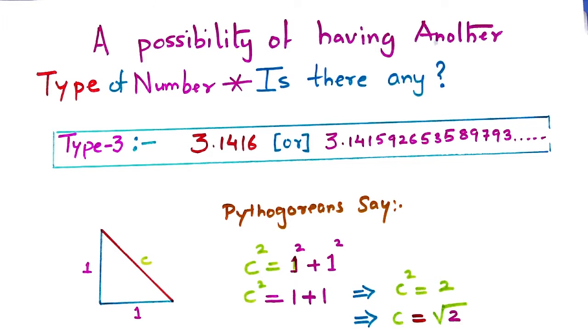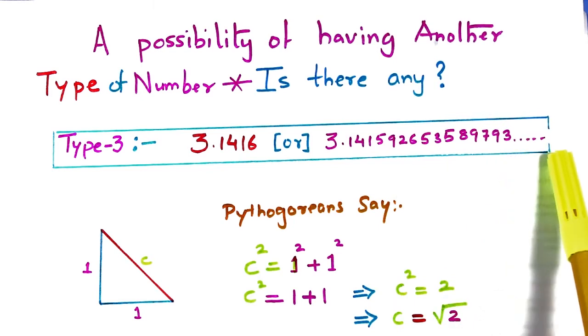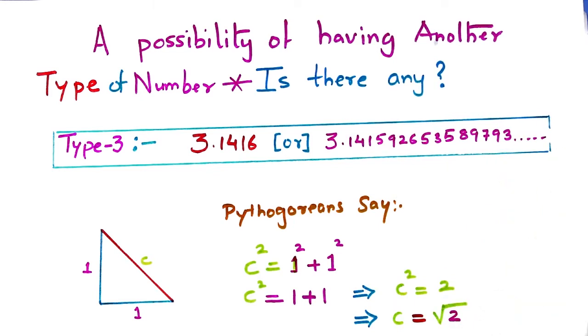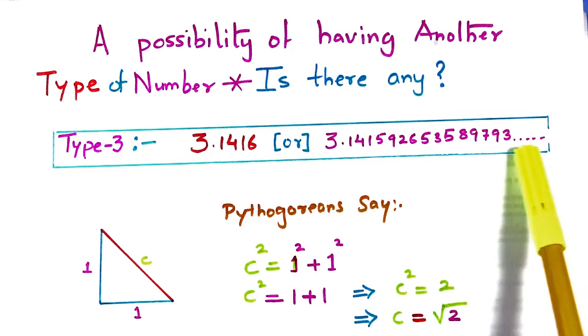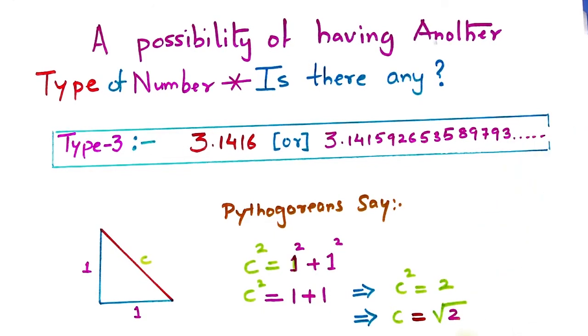So let's say we can have type 3, that is 3.1416, or to be precise, 3.145, and so on indefinitely, a large number which is never ending, and it is not repeating, not recurring, and it is neither terminating.